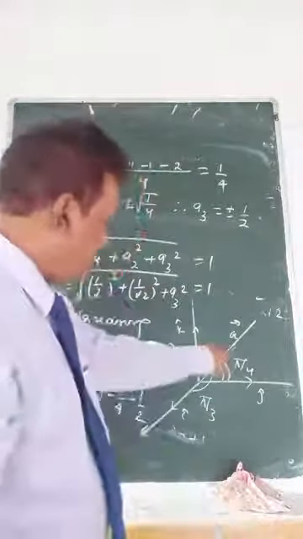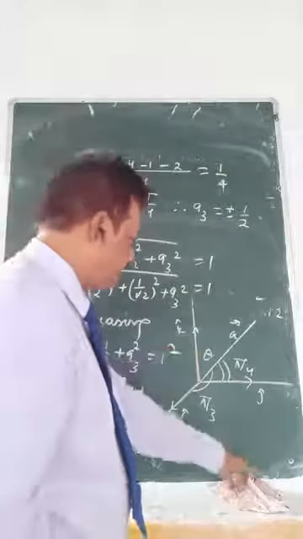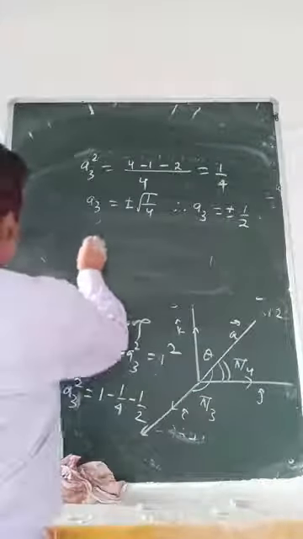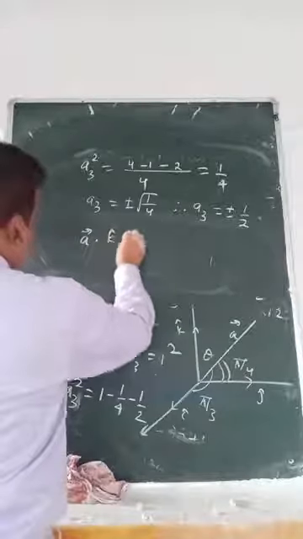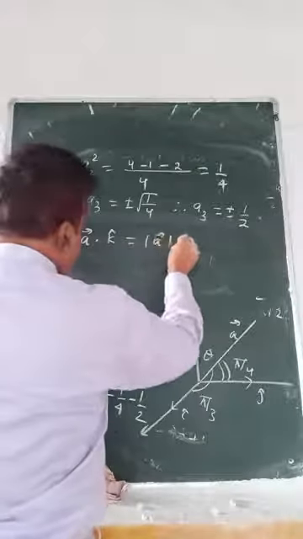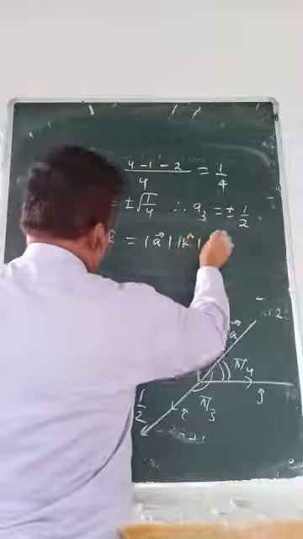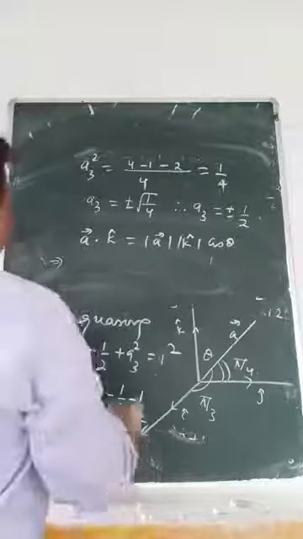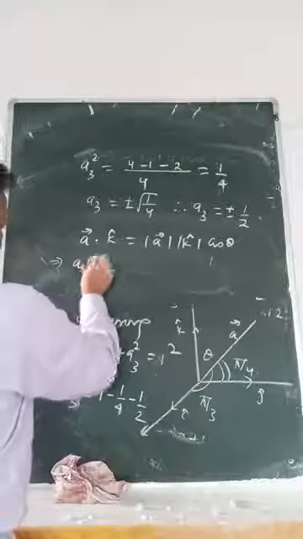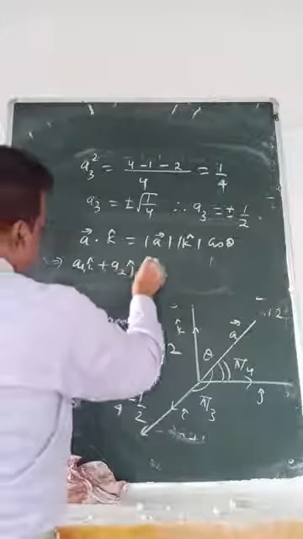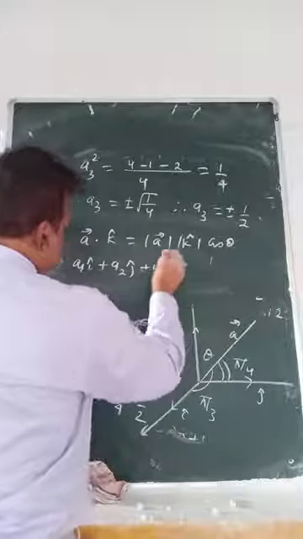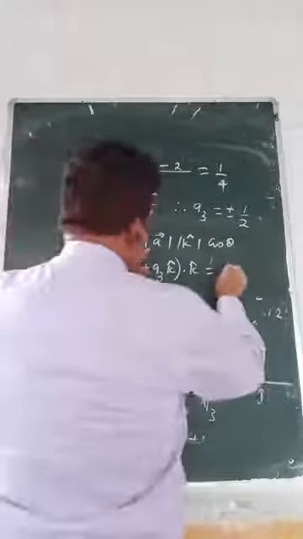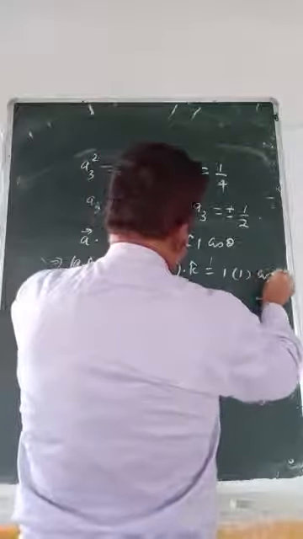Now A vector makes an angle theta with K. So we can find A vector dot K vector, same thing, mod A mod K cos theta. This implies A1 I plus A2 J plus A3 K dot K. Mod A is 1, again 1, cos theta.